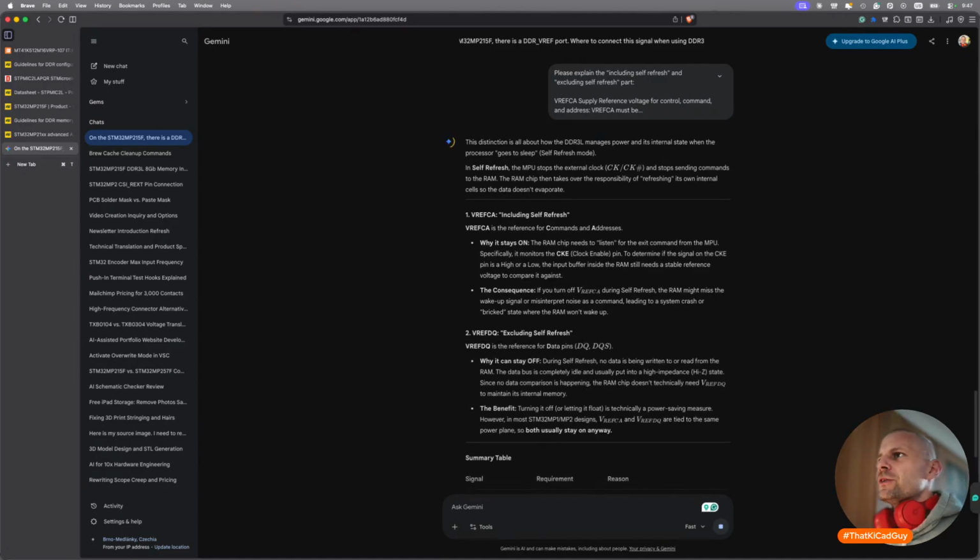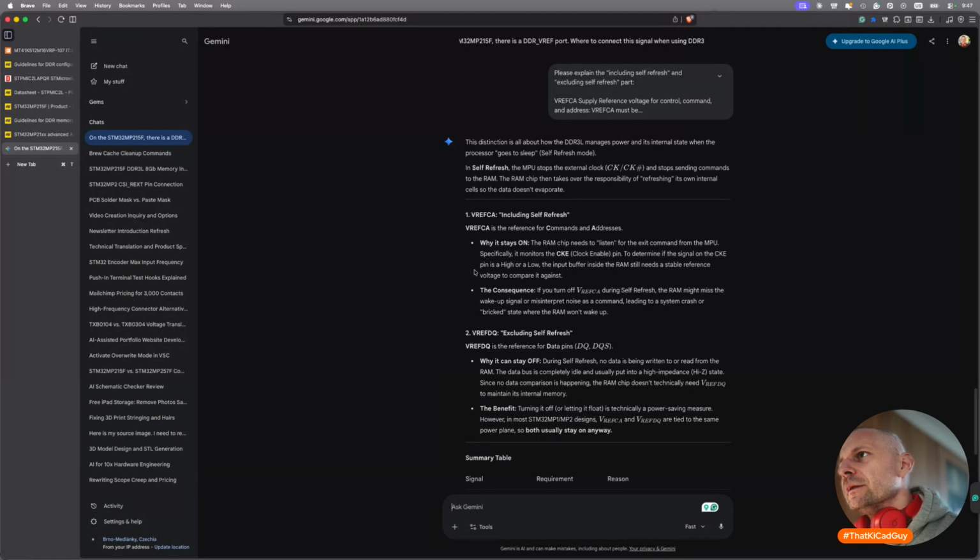In self-refresh, the MPU stops the external clock and stops sending commands to the RAM. The RAM takes responsibility of refreshing itself, because this is dynamic memory. VREF-CA, including self-refresh. VREF-CA is the reference for commands and addresses.